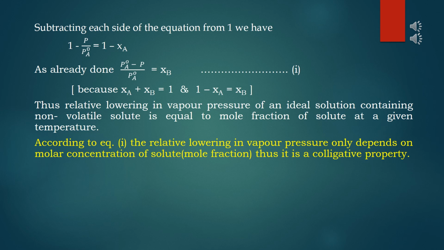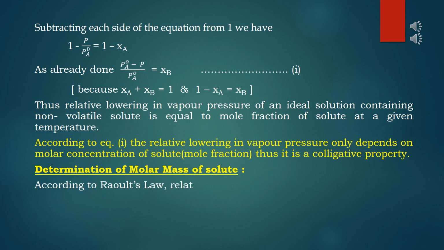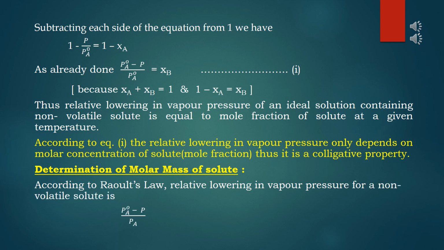So let's discuss how we can determine the molecular mass of an unknown solute with the help of lowering in vapor pressure. According to Raoult's law, the relative lowering in vapor pressure for a non-volatile solute, (PA naught minus P) upon PA naught, is equal to the mole fraction of solute, XB.